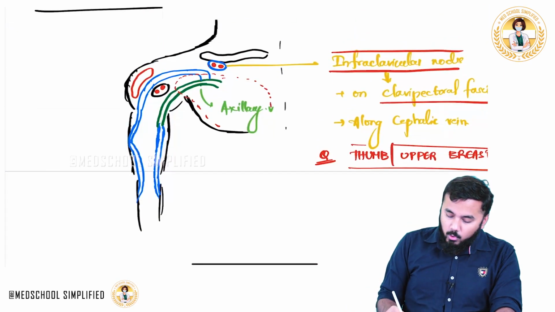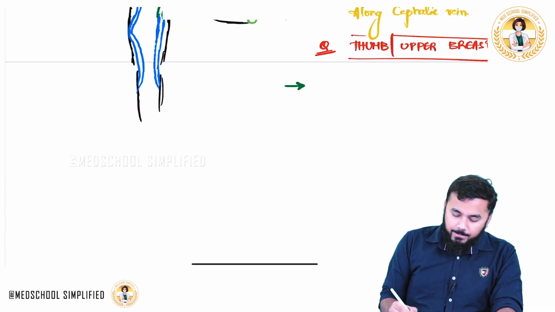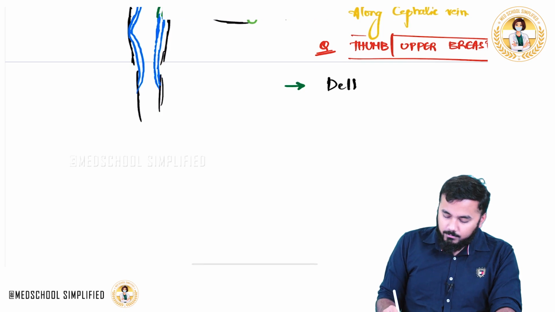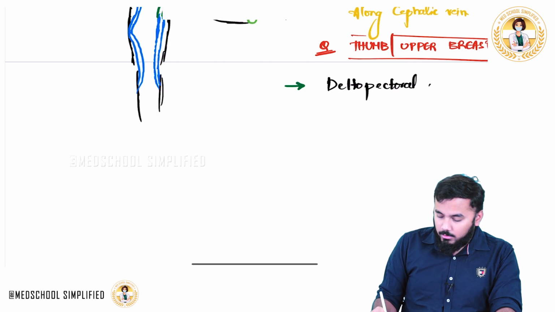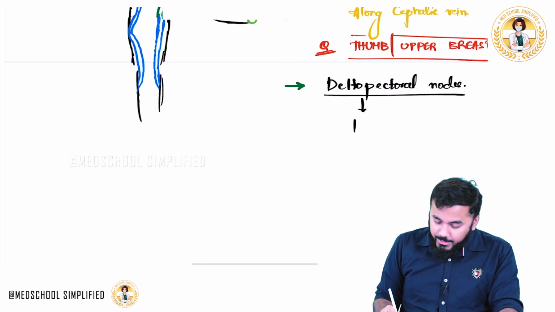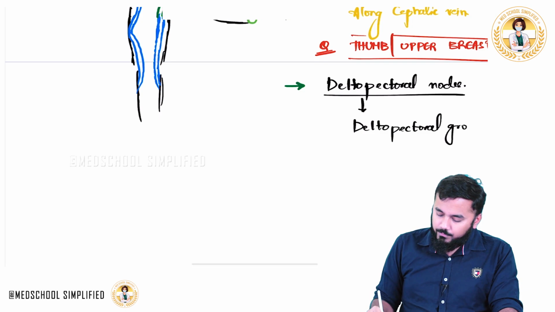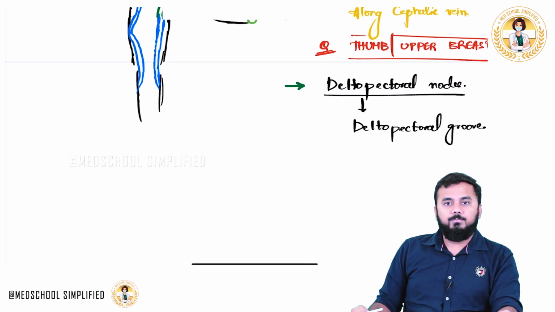So the second group of superficial lymph nodes we shall discuss is the deltopectoral nodes. And where are they located? They are located in the deltopectoral groove.